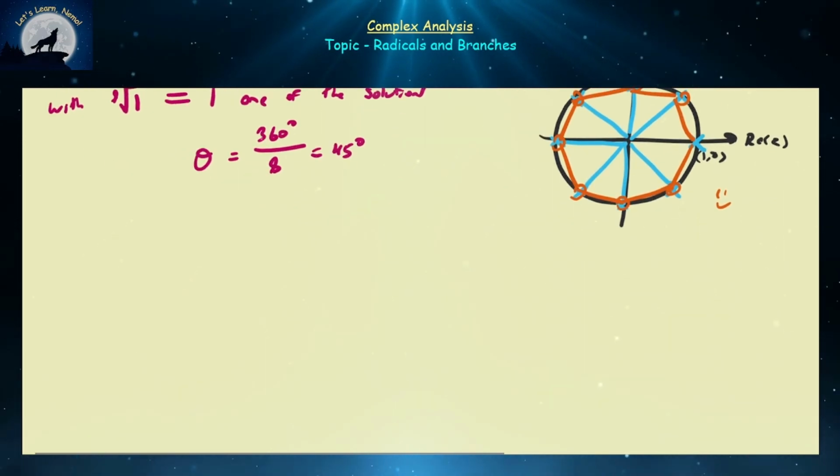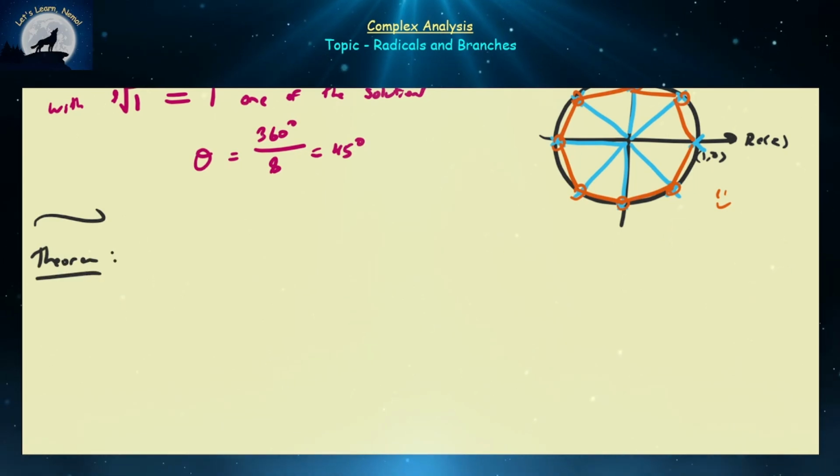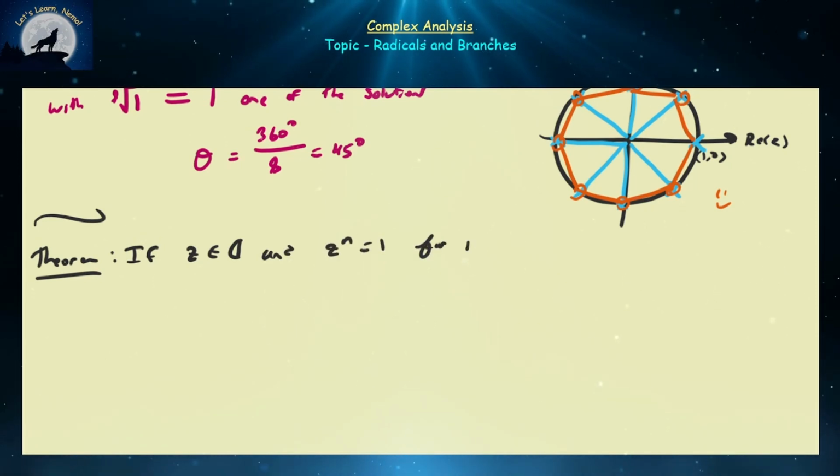All right, so let's just state a theorem that kind of solidifies what we've done so far. So if z belongs to the set of C and z to the power of n is equal to 1, where n is a natural number. And this is going to be very important because if n is a complex number, then you actually get a little bit more of a difficult behavior.